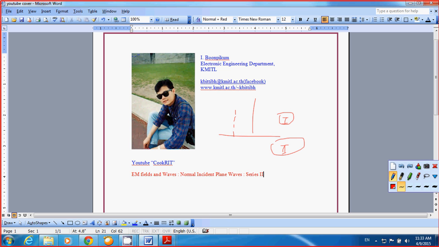For this YouTube, we're talking about a normal incident plane wave, right? But later on, we're going to talk about oblique incident plane wave. So your theta here is not equal to 0. It's going to reflect back this way. And also in the media number 2, it's going to deviate a little bit, or have refraction, with theta 2 not equal to theta 1.